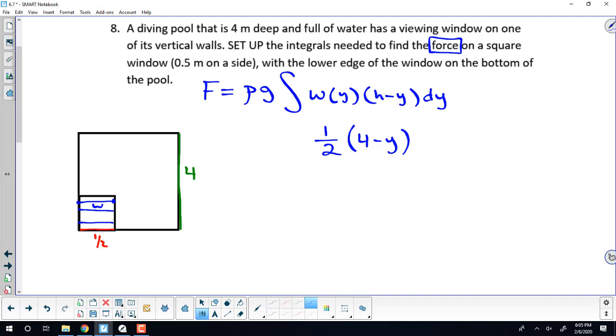Anybody have any questions on that? Okay, so we have the density of water, 1,000, and gravity, 9.8. There's our function we're integrating.